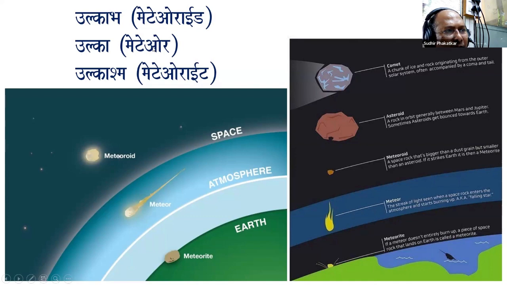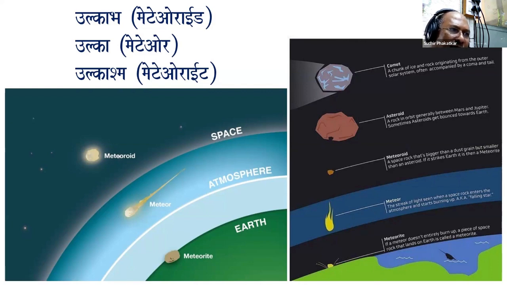And whenever it reaches the earth's surface, it becomes solid, I mean its remnant reaches the earth and remains there in solid condition, and that is called a meteorite. That is ulkashma, where ashma means stone, dagad.